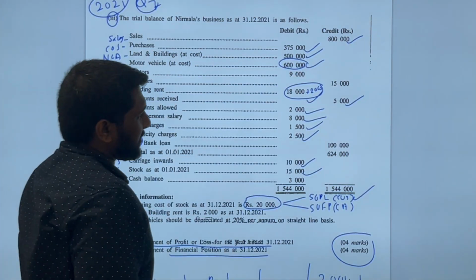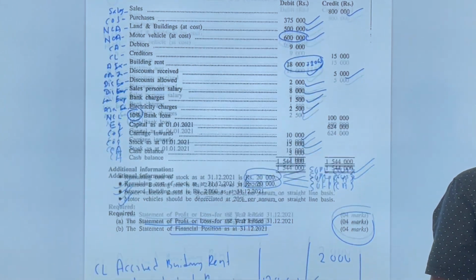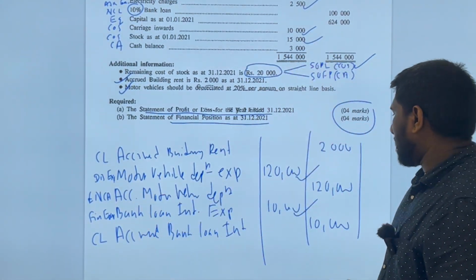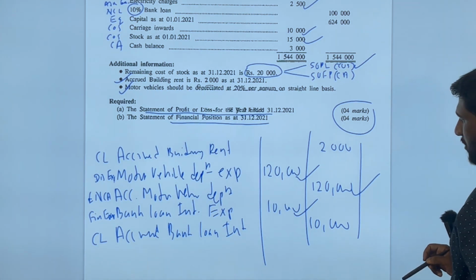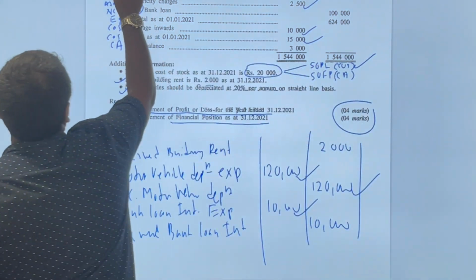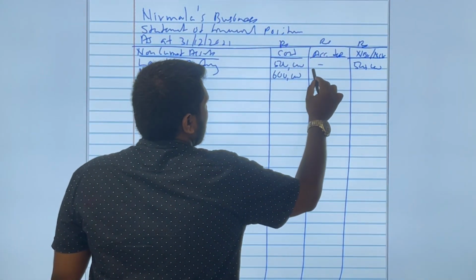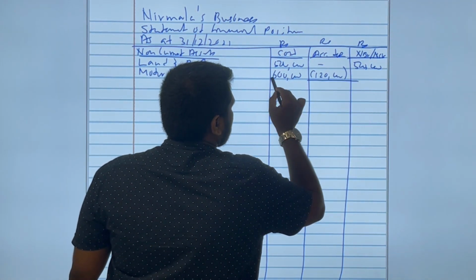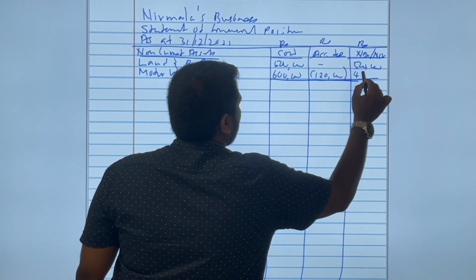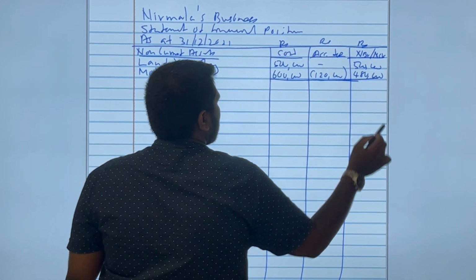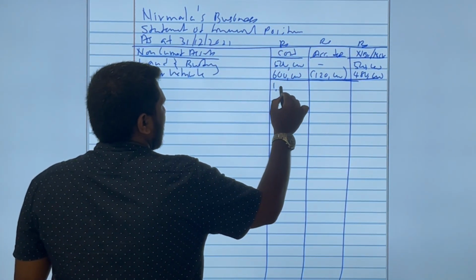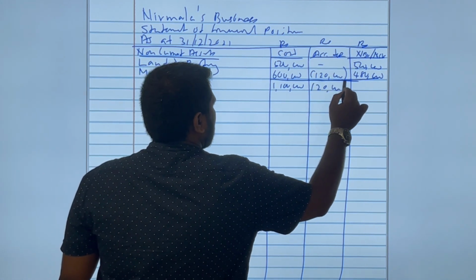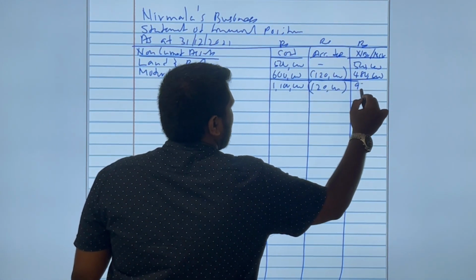So that depreciation is there in the below. Accumulated motor vehicle depreciation 120,000, a reduction of the non-current asset. Then here you are getting a value of 480,000. Then here 1.1 million, 120,000, here 980,000.